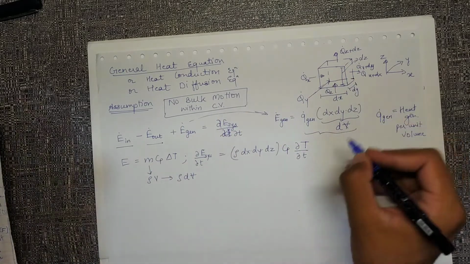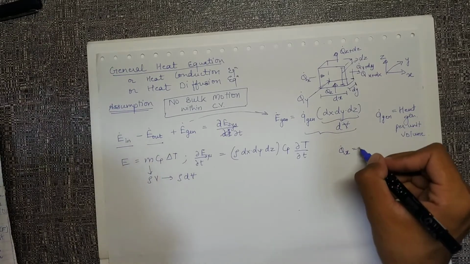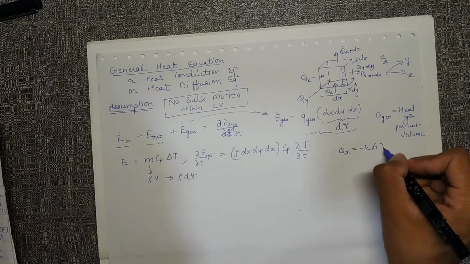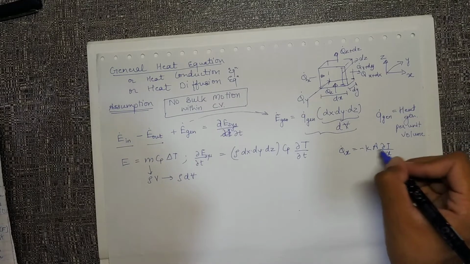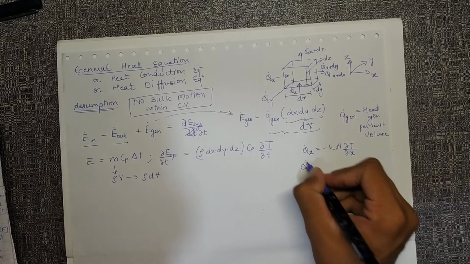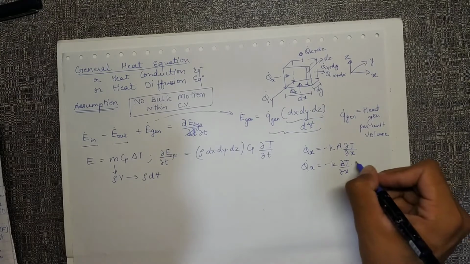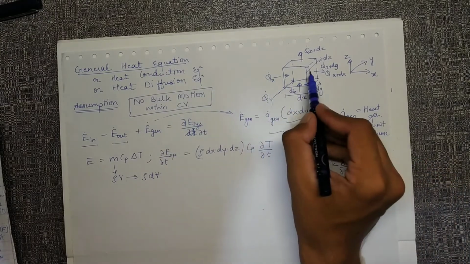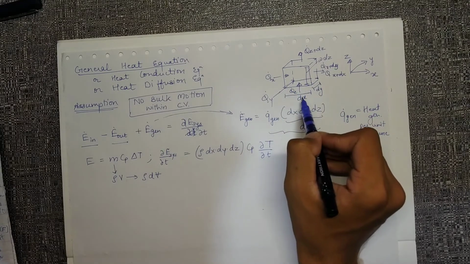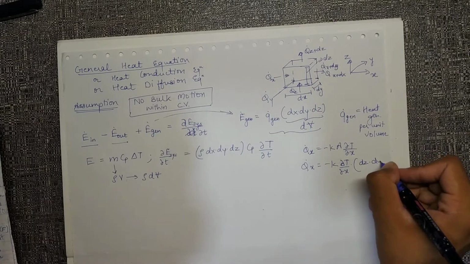One more clarification: q dot x will be written as minus k into A into del T by del x. The area over here is a bit complex and you just need to make a note of it. The area will be this area, that means the height of that area is dz and the breadth is dy, so it is dz into dy.